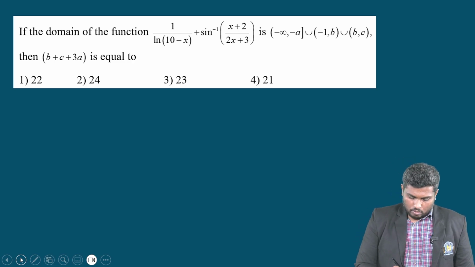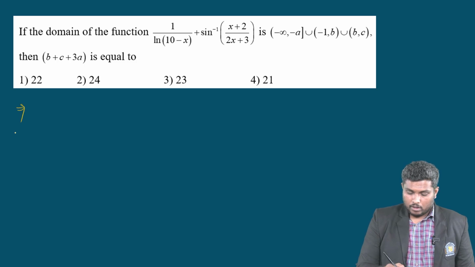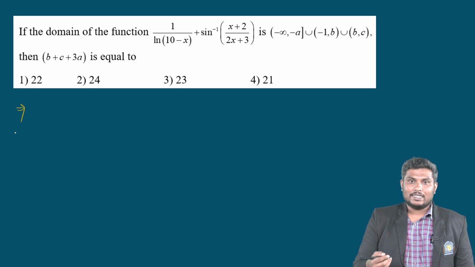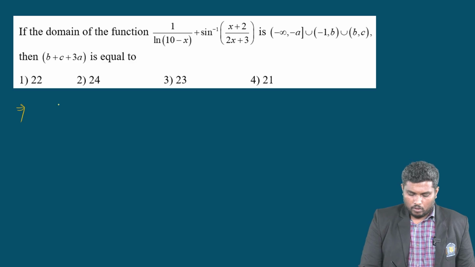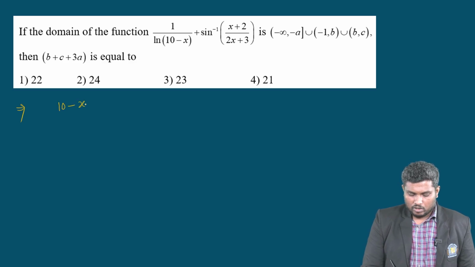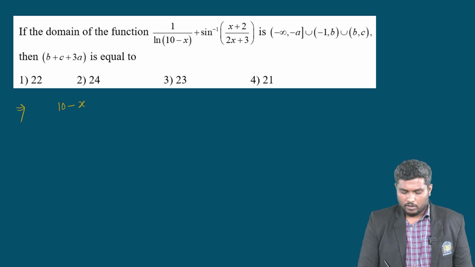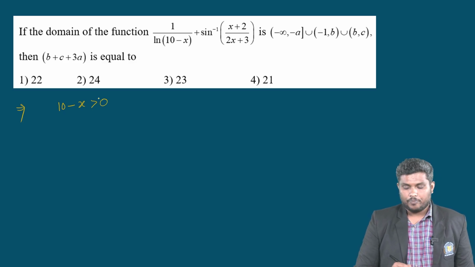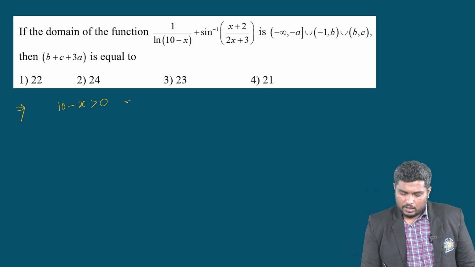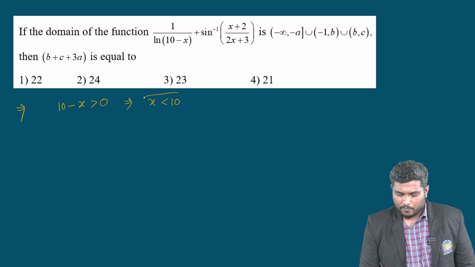Okay, so how do we solve this question? Ln of 10 minus x is in the denominator. We already know the input to the logarithm should always be positive, so 10 minus x greater than 0, which implies x should be less than 10.